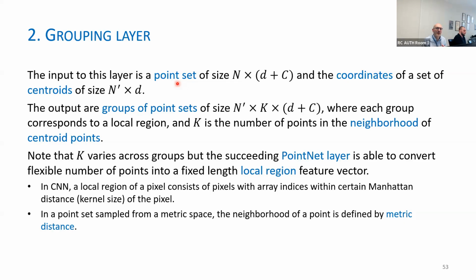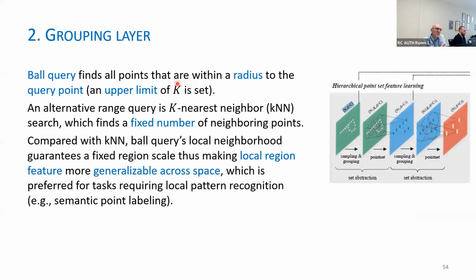For example, you can have a radius, so you can have a ball and take the points in this ball, or maybe you can instead use k-nearest neighbors to select the closest points. And this can be done, for example, using different distances, normally the Euclidean distance.